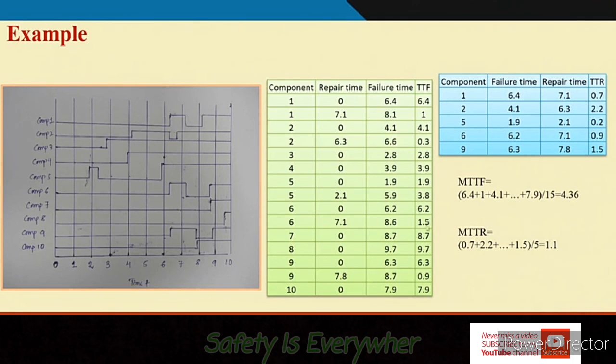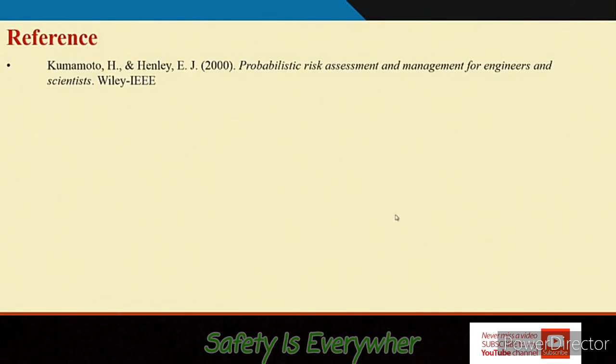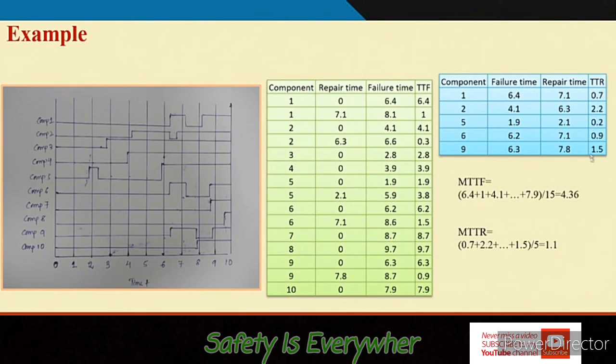The sum of all the TTF values divided by 15 is 4.36. The sum of TTR values divided by 5 is the MTTR. So from your experimental data you have all the TTF values and all the TTR values, and you calculate the mean time to failure and mean time to repair.